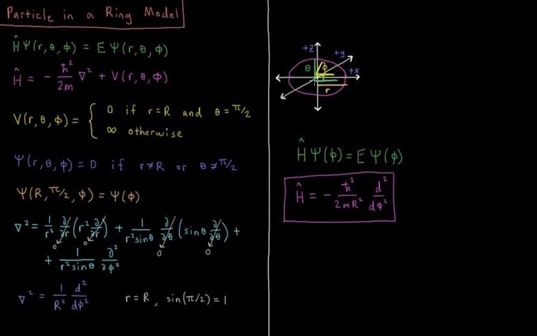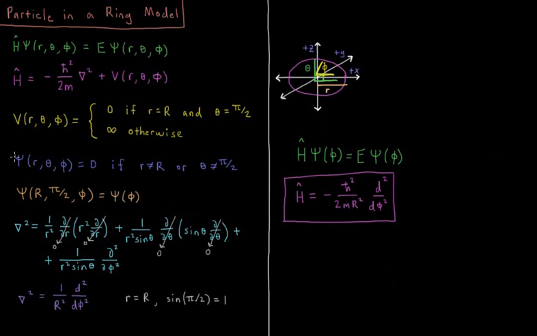When theta equals pi over 2, we know we're in the xy plane. And when r equals big R, a fixed value, we know we're in a circle of radius big R. These two constraints give us a particle with 0 potential energy inside the circle, and making it infinity otherwise means the particle is not able to go outside the circle.